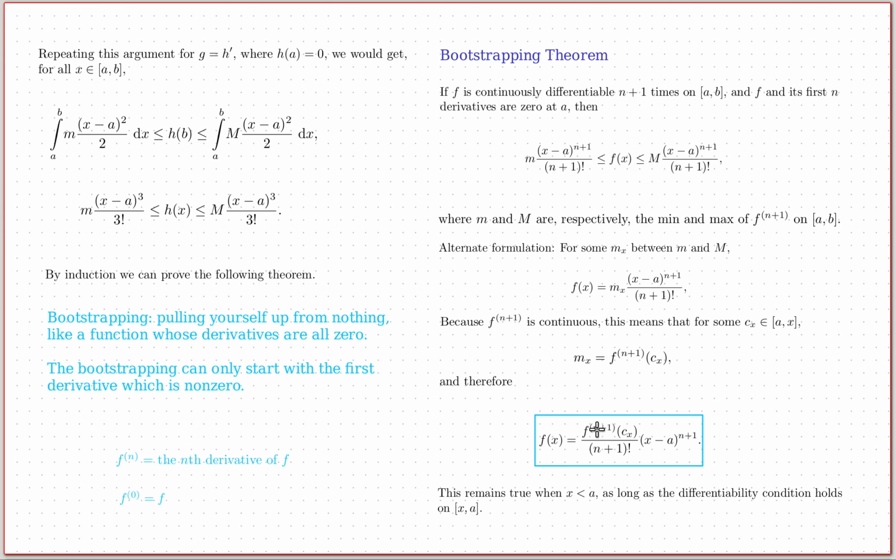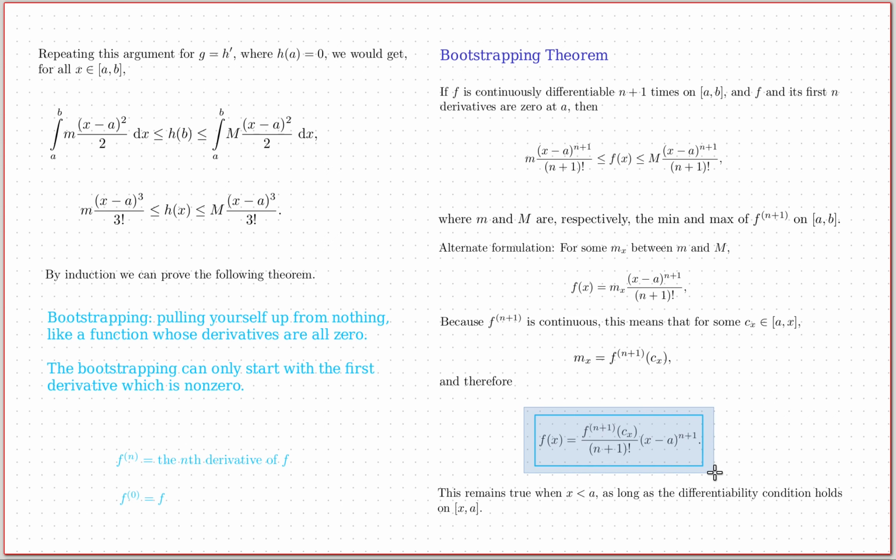But one reason that this formulation is useful is that we can also use this same formulation when x is less than a. Up until this point, I've been assuming that x and the point b are to the right of a, right? That we're looking at an interval with a as the left endpoint and b as the right endpoint, and x could be any point in between.